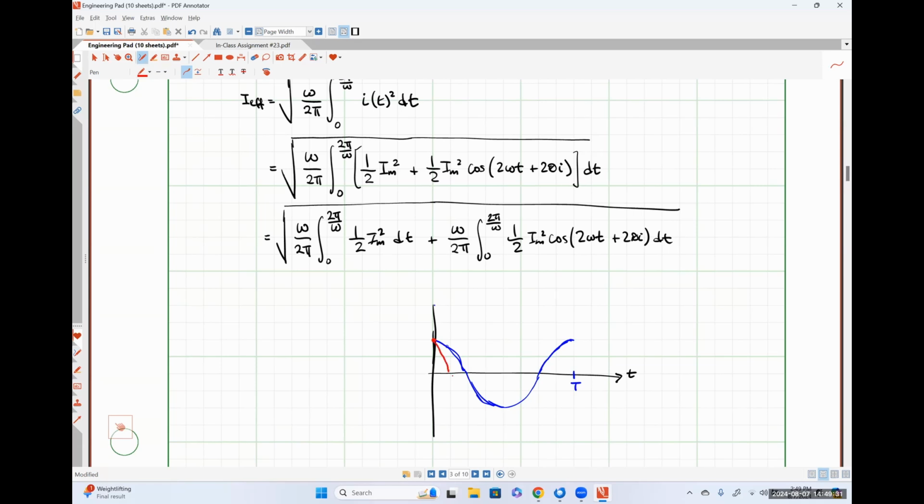So it should come down here, go back up, like so. So what is the area under the red curve from 0 to capital T?